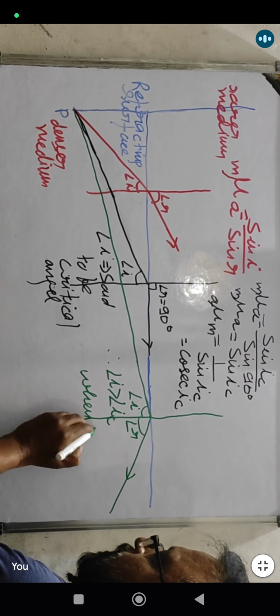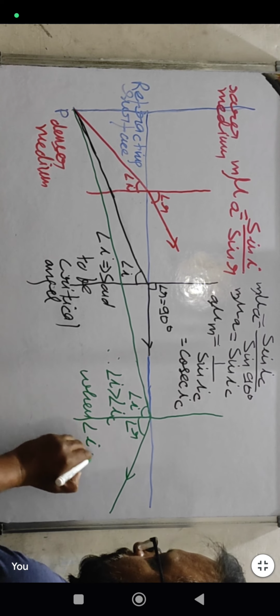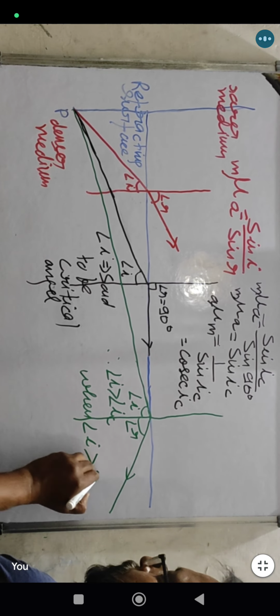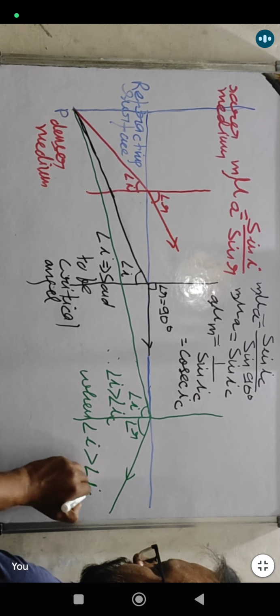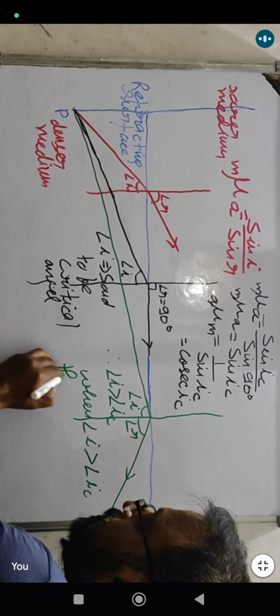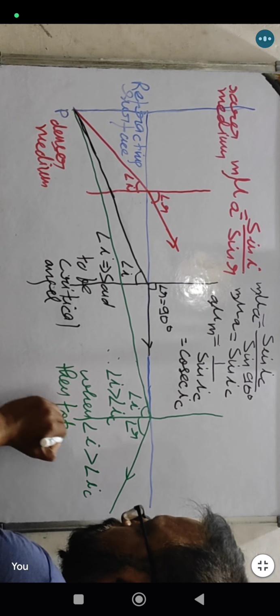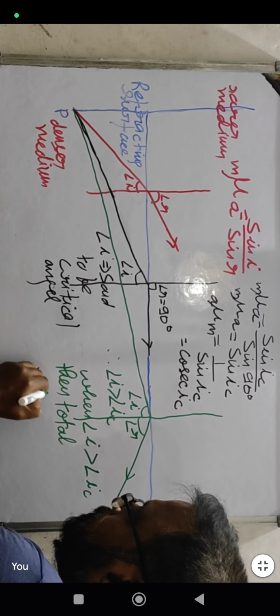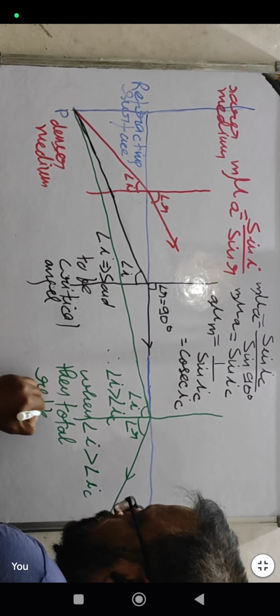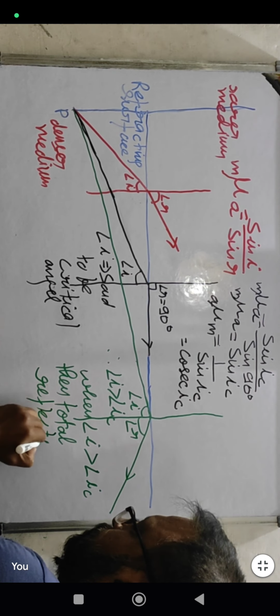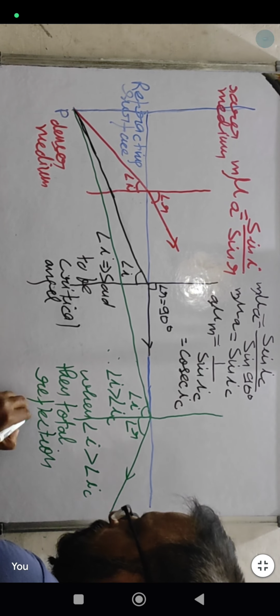So you can write: when angle I is greater than the critical angle, then total reflection occurs.